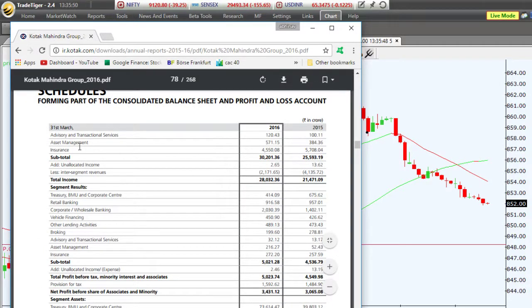It is available everywhere on public platforms, on its website, and even in the security filings it makes on stock exchanges.